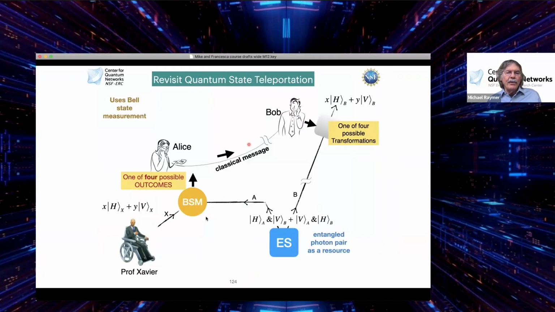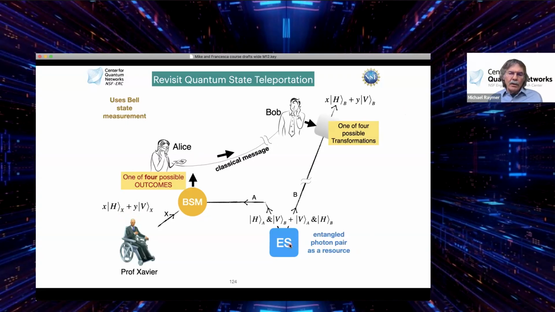Okay, so just to review what you just learned about teleportation. Professor Xavier has a state which he may or may not even know what the values of the X and Y numbers are, but he wants to get that state of that particle, that photon, over to Bob by just sending it once, sending the state once. Okay, so what they need is a shared entanglement resource, which could be provided by a third party.